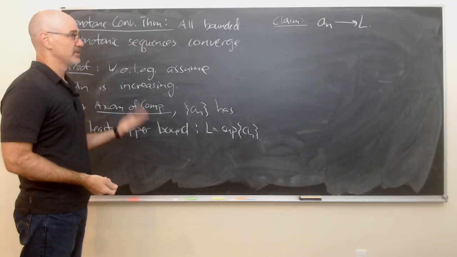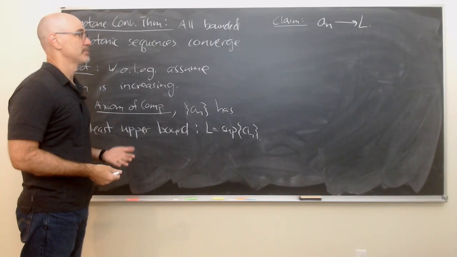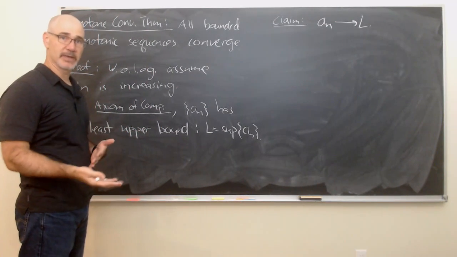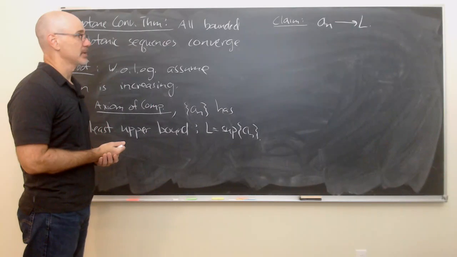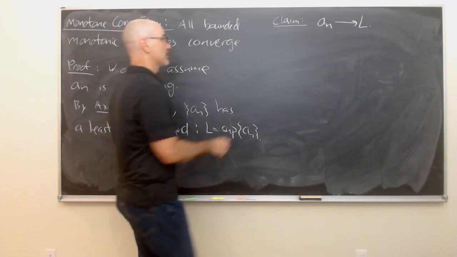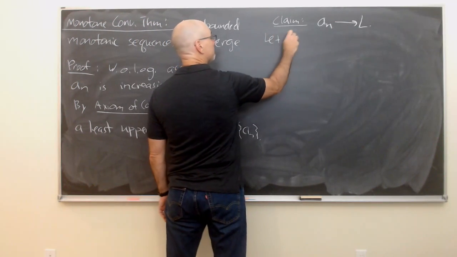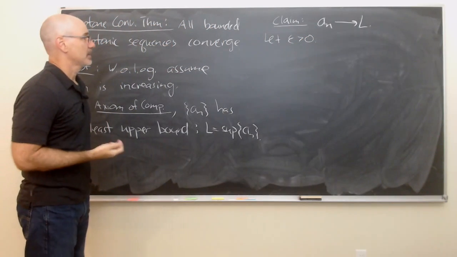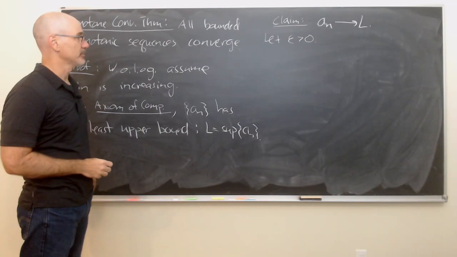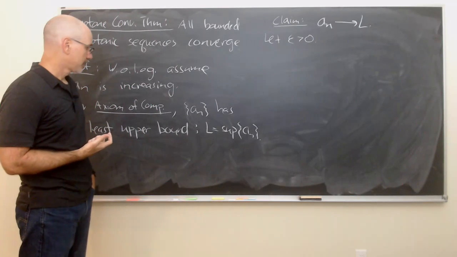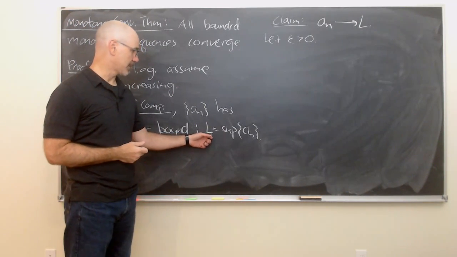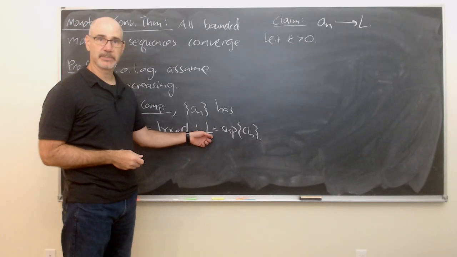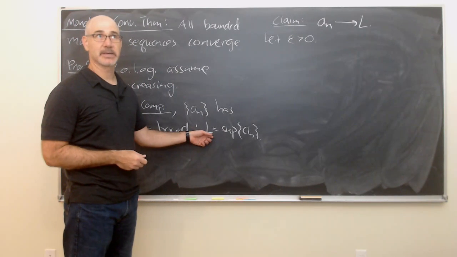All right, so given any epsilon bigger than 0, we have to produce a capital N so that if we go that far out into the sequence, we're within epsilon of L. So let's start with an epsilon. And so here's sort of the crux of the proof. We know, because L is a least upper bound, that L minus epsilon is not an upper bound.